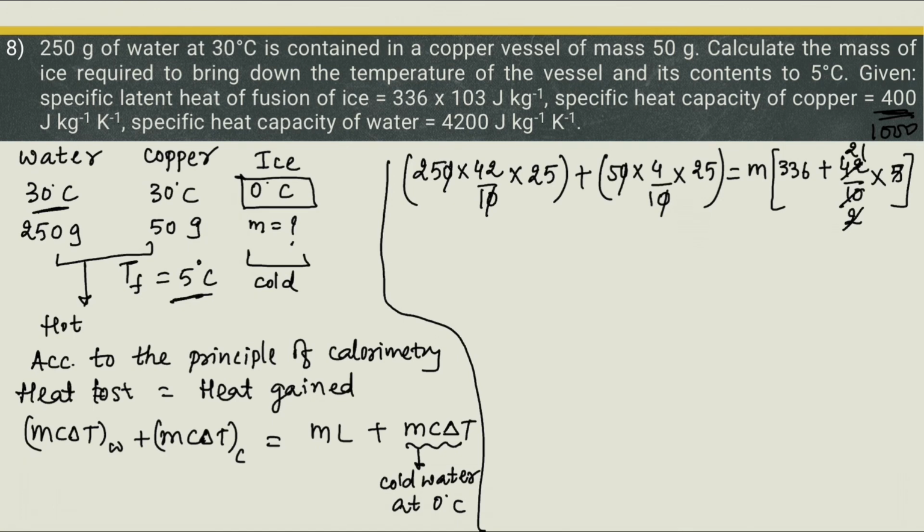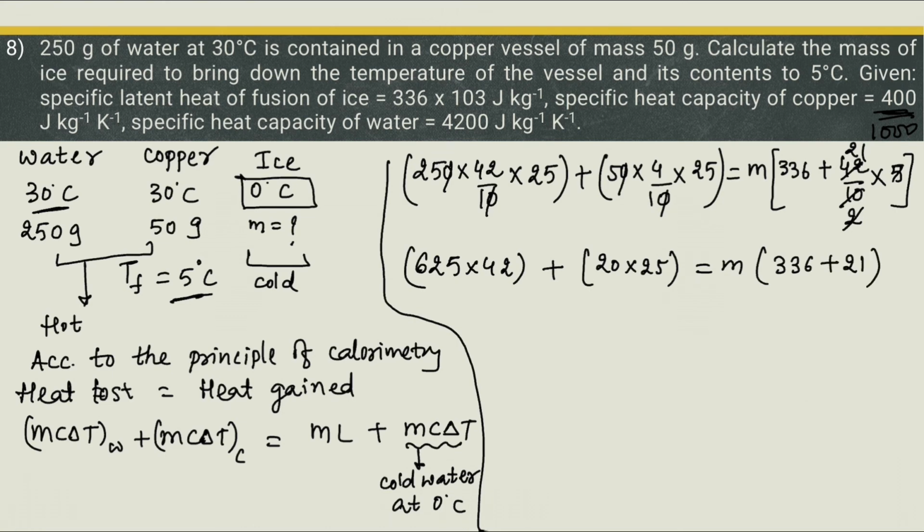And 5 twos are 10 and 21 twos are 42. So now, can we do any further calculation? No. So this is 25 into 25, 625 into 42 plus 5 fours are 20 and 25, 20 into 25 is equal to m into 336 plus 21.